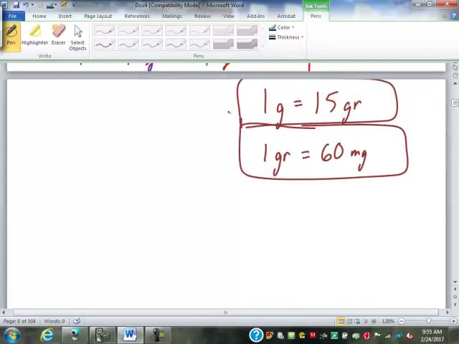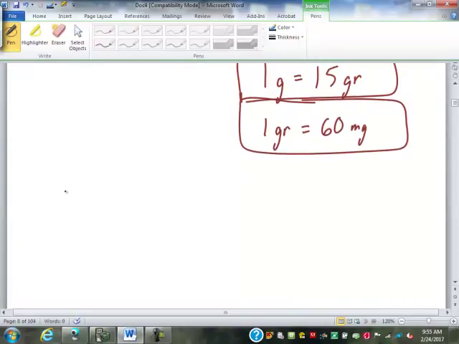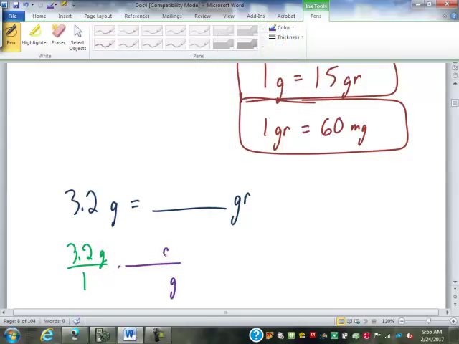So if I needed to convert, let's say I have 3.2 grams and I need to convert that into grains. So 3.2 grams over 1. Put grams on bottom, grains on top. And we have 1 gram is 15 grains.